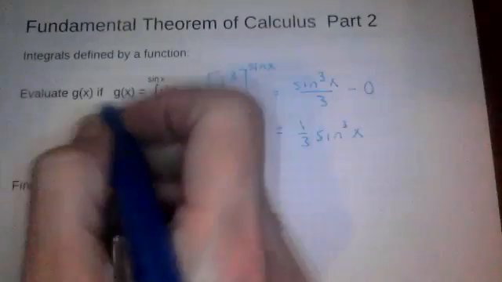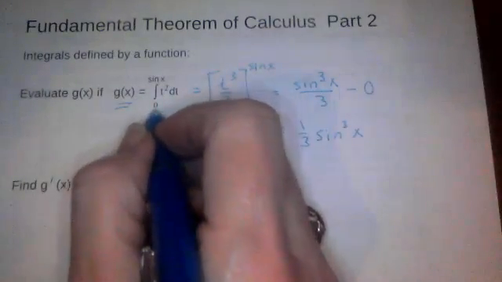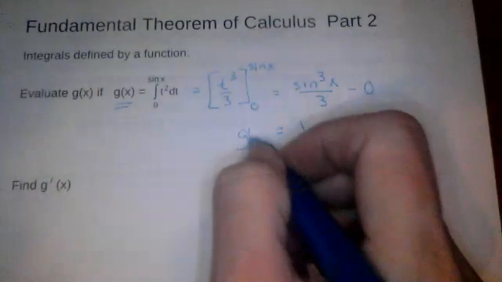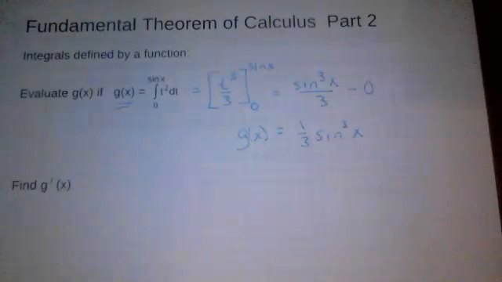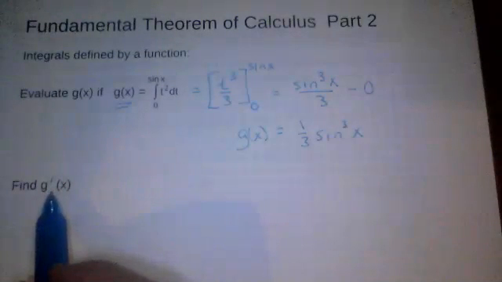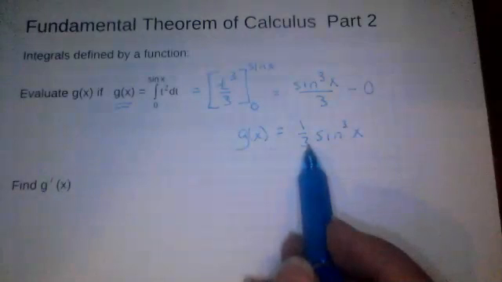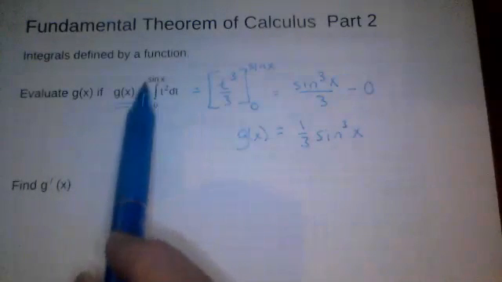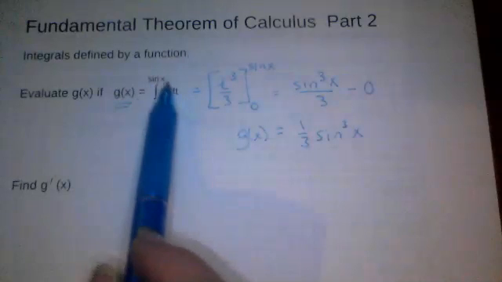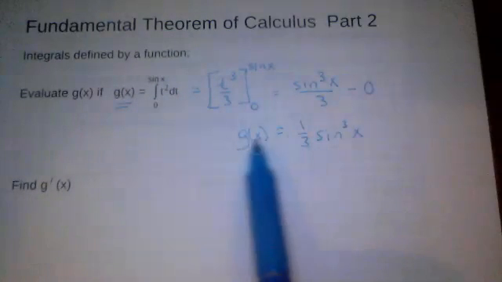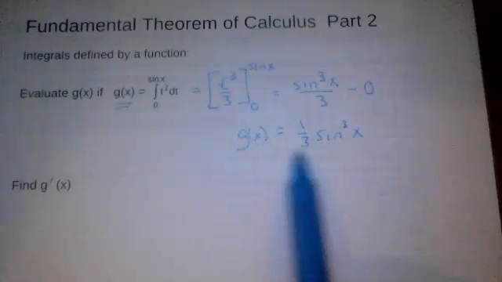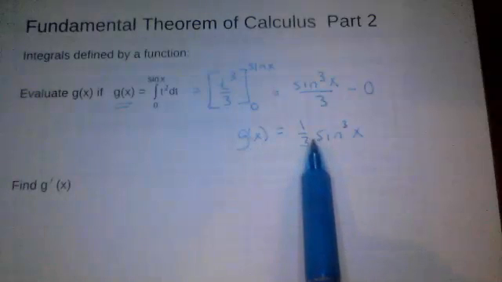All right, so this g of x was equal to this integral, but this integral equals this. This is also g of x. So now they want us to take the derivative of this. So take the derivative of g of x. Well, if they'd asked us to take the derivative of this from the beginning, I'm not sure we would have known what to do, but now that g of x looks like this, we know how to take the derivative of that.